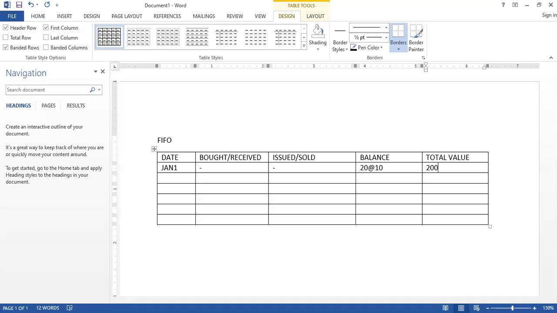In cases where you are told that at the beginning of the month you had 20 items at $10 each in stock, then you know that is a balance brought down. So you write the date. You did not buy anything, you did not issue out anything, so you only record the balance and then the total value. This is when you are given a balance.